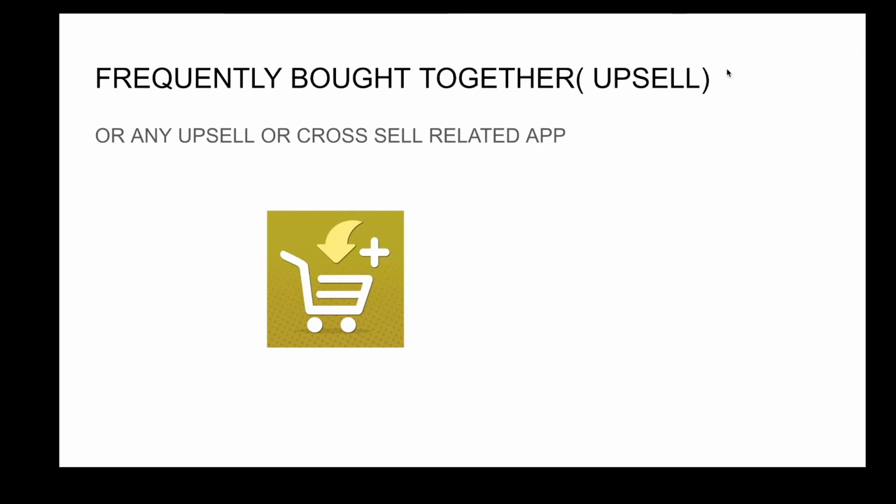Now, if you want to set up upsells or cross sells, you know these are very important for your sales. For example, if you have a product that is $50, instead of just having someone buy a $50 product, you could also send them an upsell, right? An upsell that would cost probably $20 or $15, and then that would increase your order value.